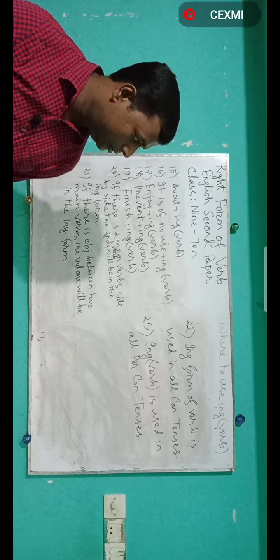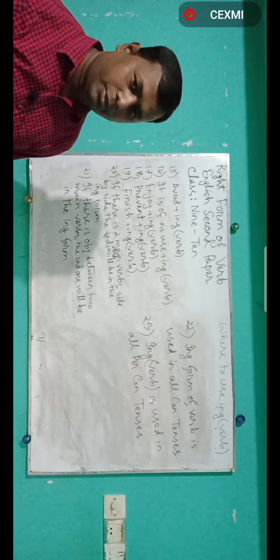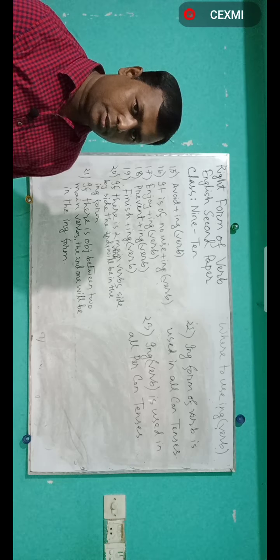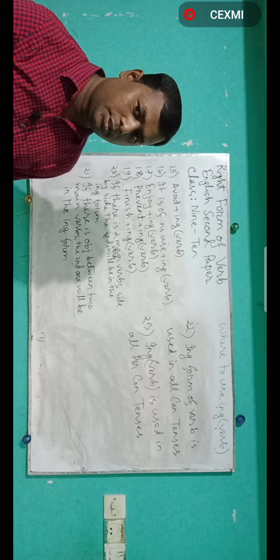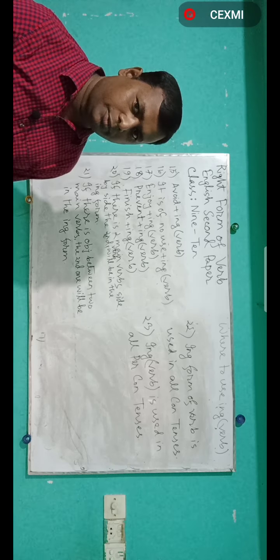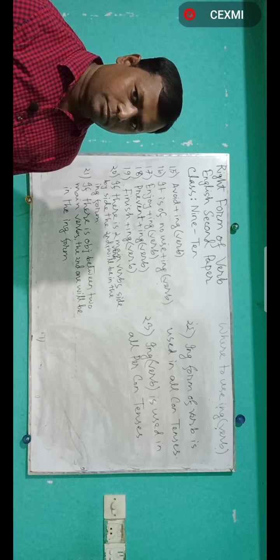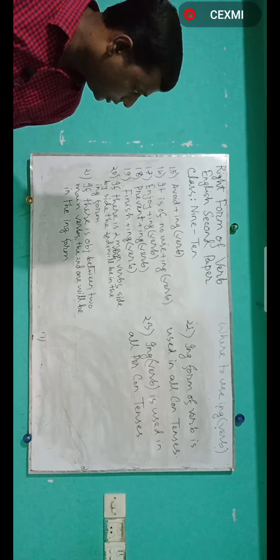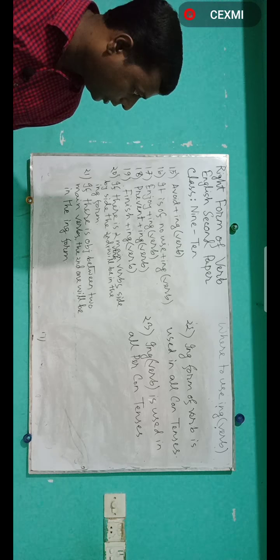They are present continuous tense, past continuous tense, future continuous tense, present perfect continuous tense, past perfect continuous tense, and future perfect continuous tense. Dear students, today I discuss the use of ing form of verb.